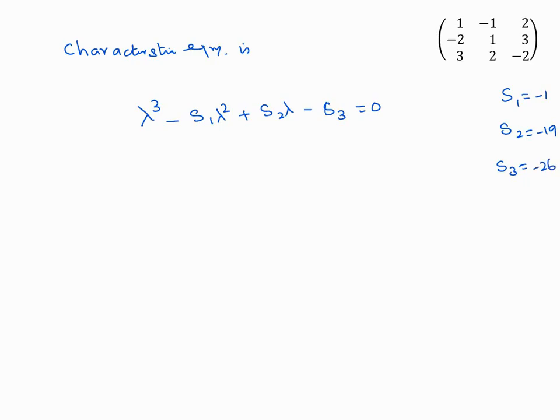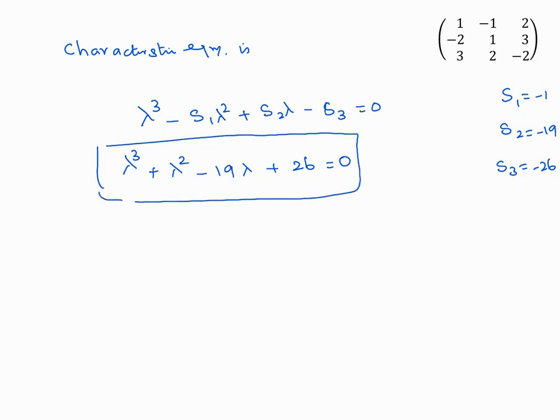Now we substitute here. So you get lambda cube, and negative into negative is positive, so plus lambda square. Positive into negative is negative, so minus 19 lambda. Once again negative into negative is positive, so plus 26 equal to 0. So this is the characteristic equation.